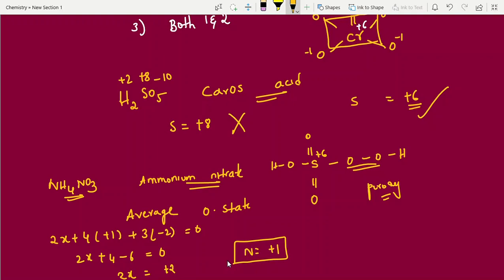Okay, but based on the actual structure also you can go. This is ammonium nitrate. How can it dissociate? NH4 plus and NO3 minus. Based on this also you can go for calculation. You will get the oxidation state. Anyone calculated? Yes, I'm giving the answer. Check it.